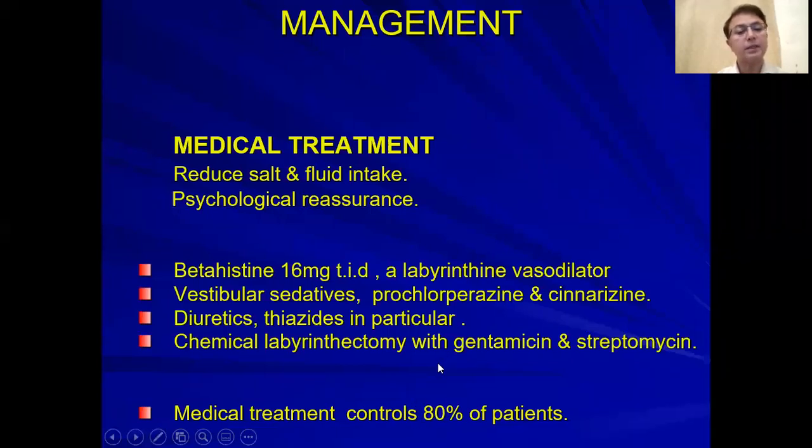Same is true for Bell's palsy. 80–85% of patients will be very fine with medical treatment. Total, complete remission of facial paralysis in Bell's palsy, with or without steroids. Just with simple measures, medical treatment, 80–85% of patients will have complete recovery from facial palsy. I'm talking about Bell's palsy.